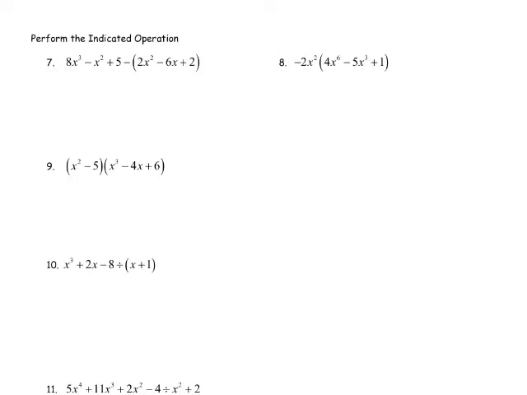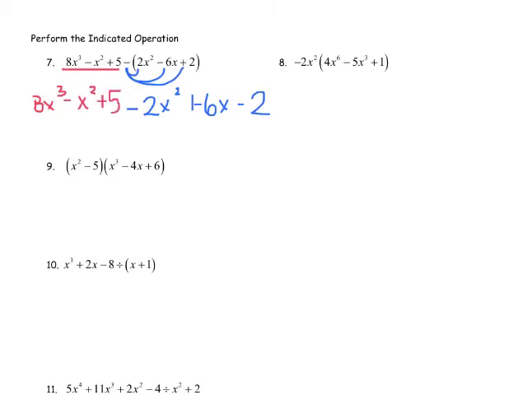So I'm going to distribute the negative sign. All right, so when I distribute that negative sign, it's minus 2x squared plus 6x minus 2. And I'll just rewrite these original things. So 8x cubed minus x squared plus 5.